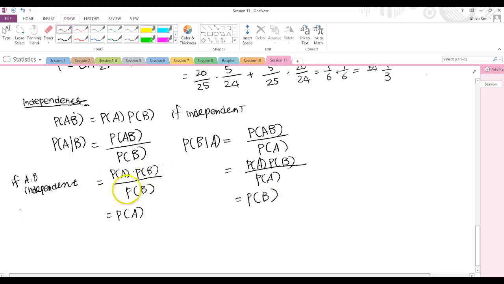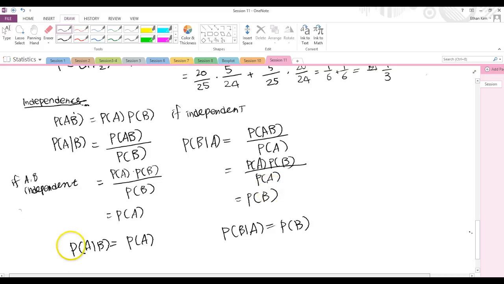So if these two variables are independent, the conclusion is as follows. The probability of A given B is always the probability of A, and the probability of B given A is the probability of B. This makes sense if you think about it logically. When we are claiming independence, those two variables are not dependent.